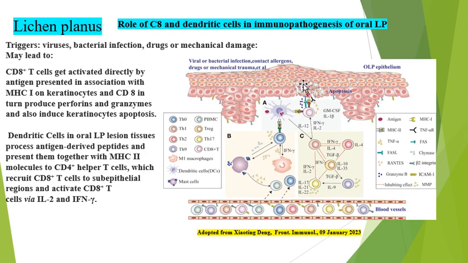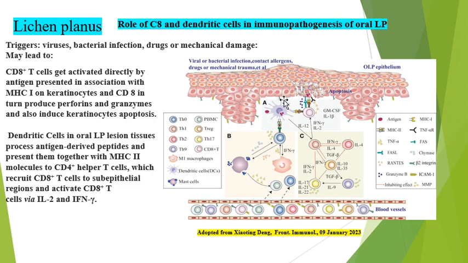There is destruction of the mucosa by perforin and granzymes, and also keratinocytes may undergo apoptosis, programmed cell death, due to Fas interaction.